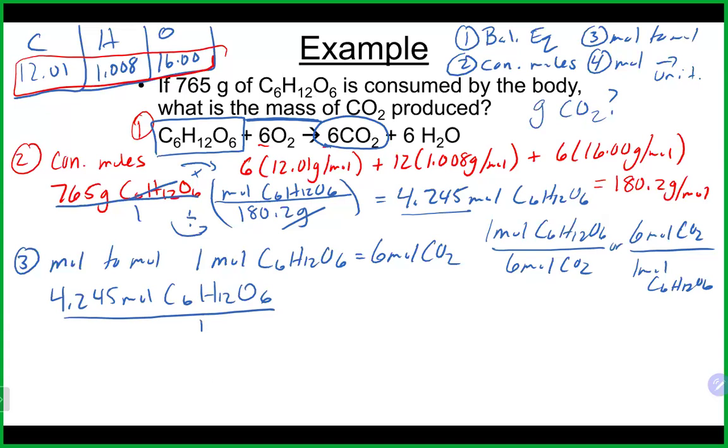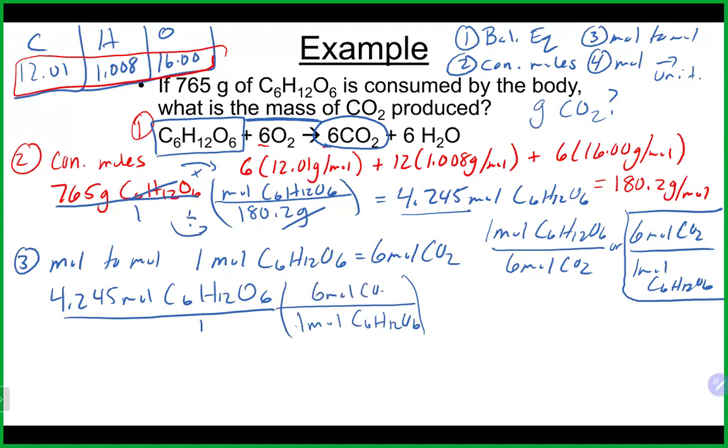Once again, that's on top and we want to get rid of it. So we will use the conversion factor on the right here that has it in the opposite location. And that again is coming from the balanced equation where it says 1 mole of our C6H12O6 gives us our 6 moles of CO2. And that is the big stoichiometry part, again from the balanced equation.